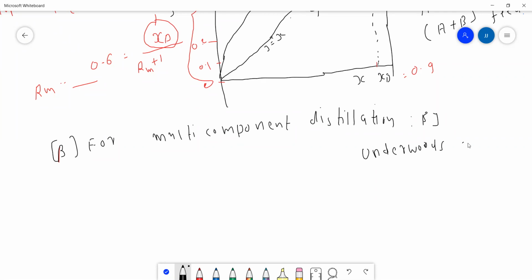How to determine this by Underwood's method? Rm can be determined by solving two equations.